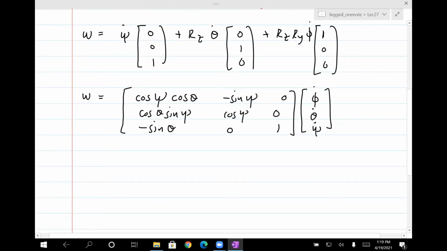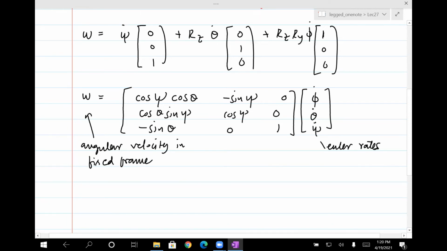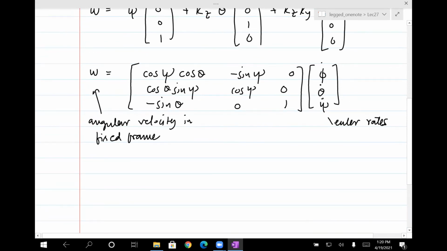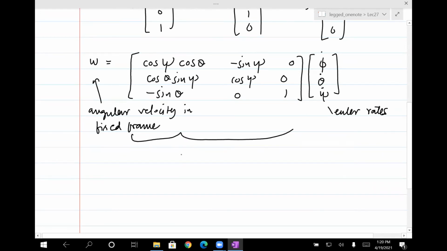Okay, so that's the formula for omega in terms of Euler rates, the angular velocity in fixed frame. If you wrote this matrix as A and the vector of Euler rates as capital theta dot, then A times theta dot equals omega.